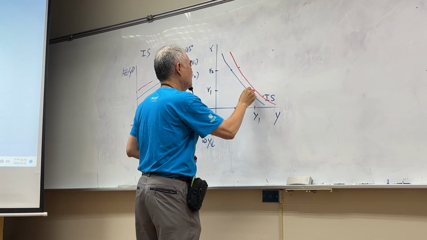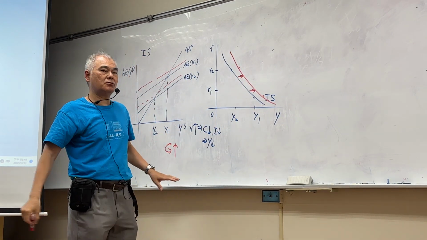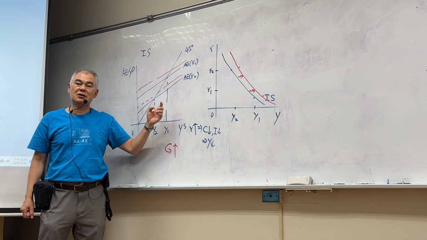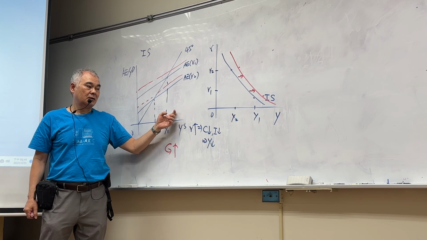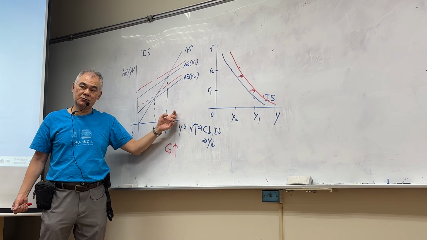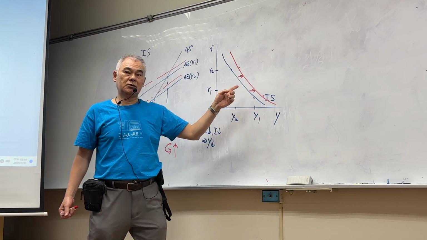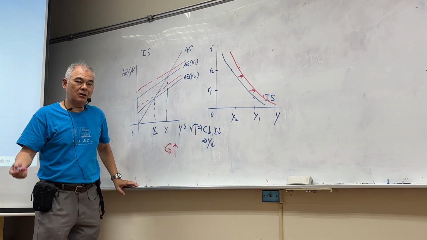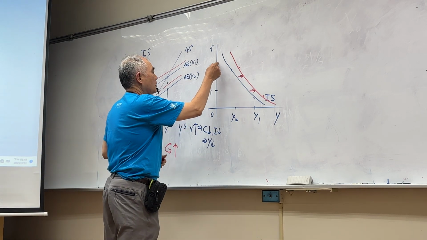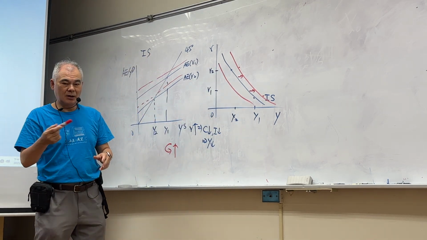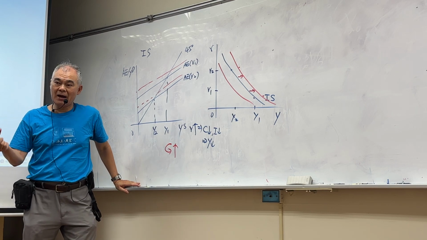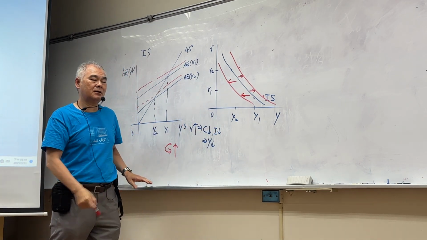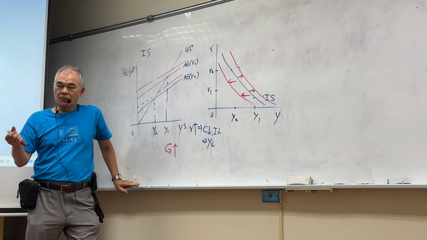So what does that mean? That means if you have expansionary fiscal policy, if you stimulate the economy by increased government expenditure, consumption, investment, then this curve shifts to the right. On the contrary, suppose you decrease consumption, decrease investment, or increase tax, then it is contractionary fiscal policy.